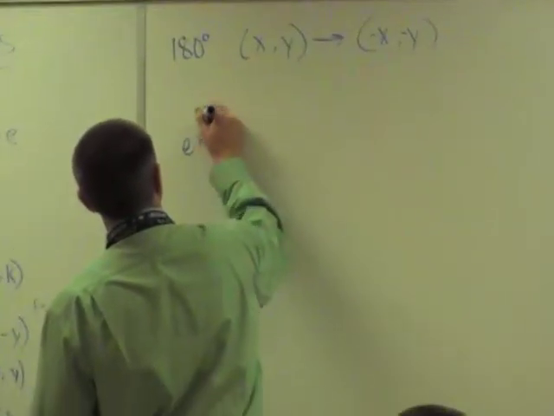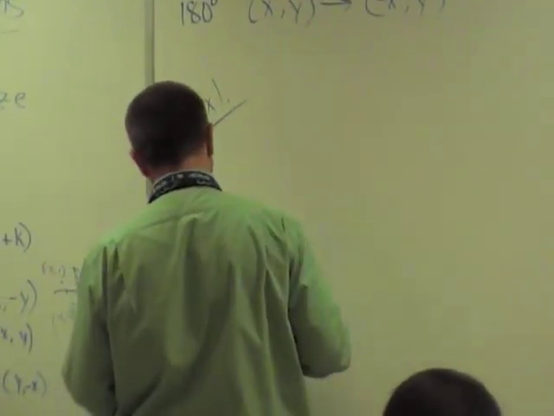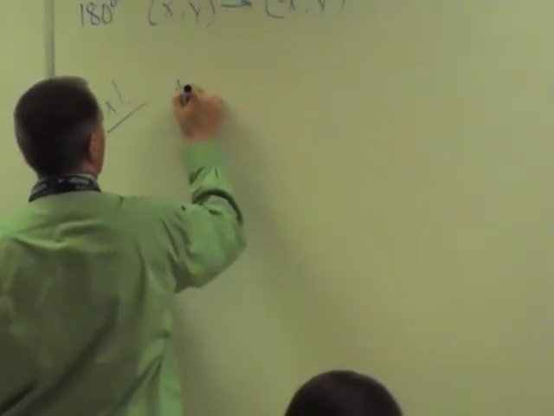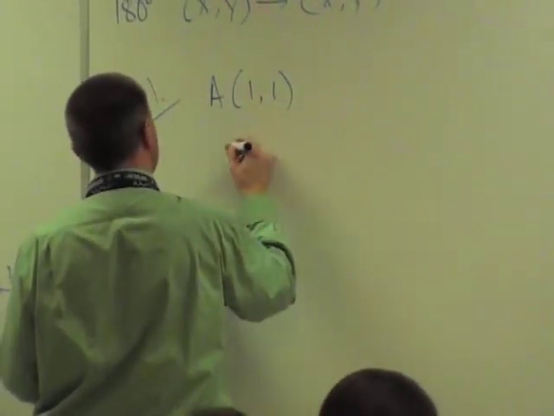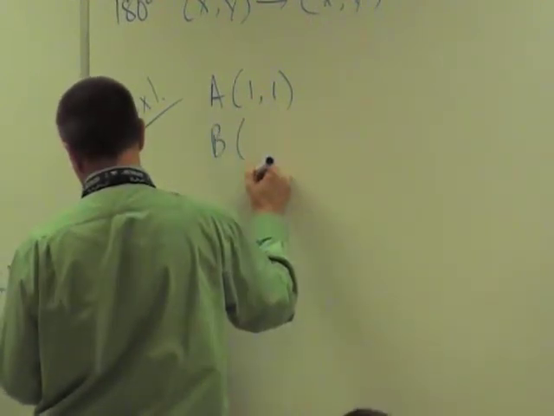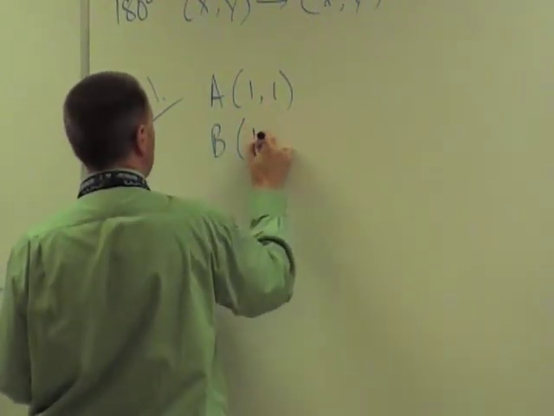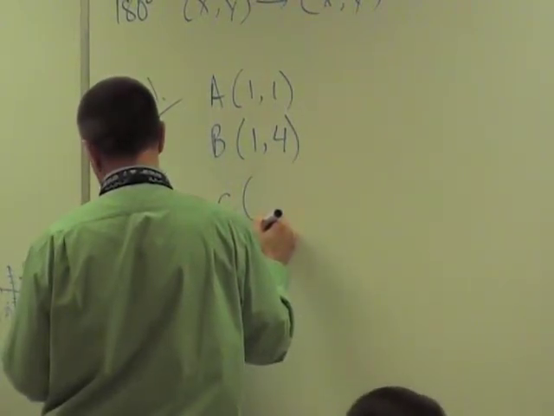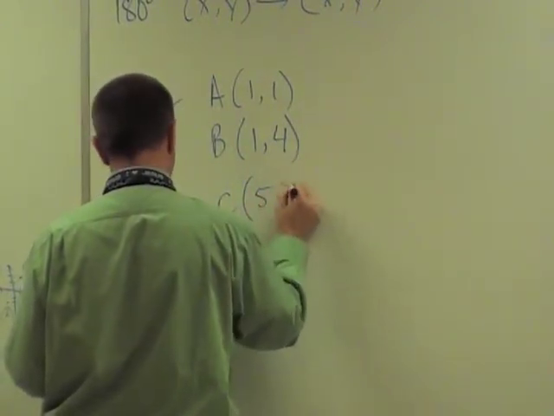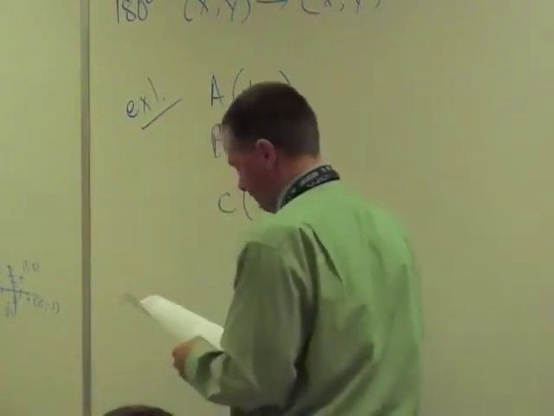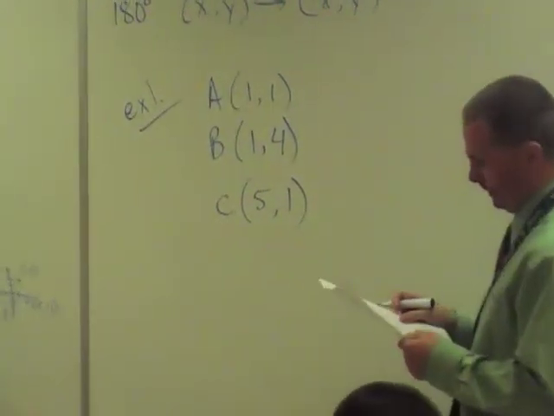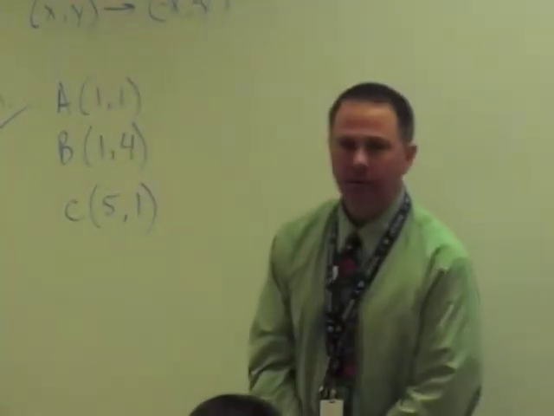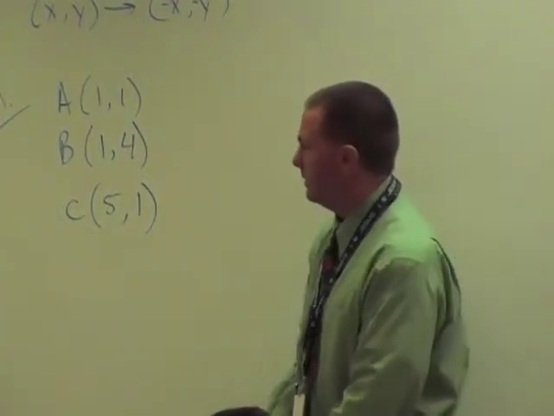Example 1. A is at 1, 1. B is at 1, 4. And C is at 5, 1. I want to reflect this about the y-axis.